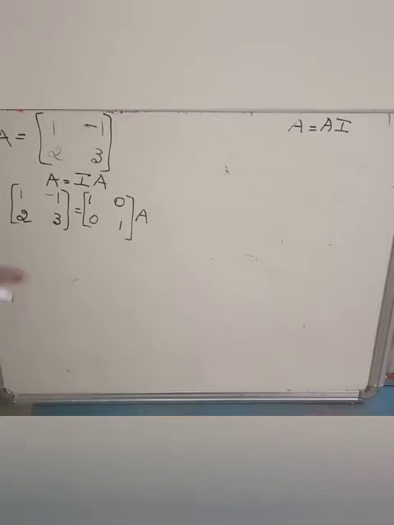That means 1 minus 1, 2 3 should be reduced to 1 0 0 1. Simultaneous application of elementary row operations on the identity matrix will reduce it to a matrix B, and that matrix B is nothing but the inverse of the given matrix A.